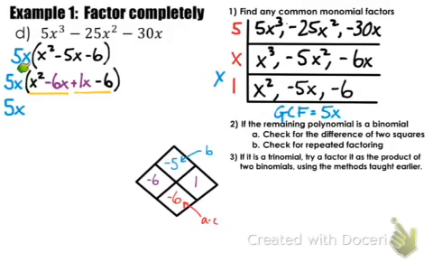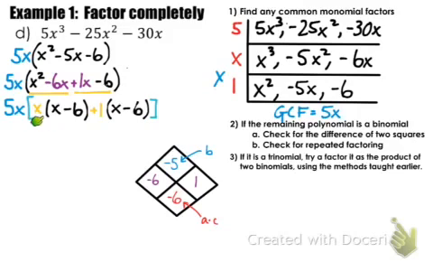So we have 5x from the original GCF times x minus 6, because we factored out an x from the x squared, leaving us with an x, and factored out an x from negative 6x, leaving us with negative 6. For the second group, the greatest common factor is just positive 1, so we put plus 1, leaving us with an x minus 6.